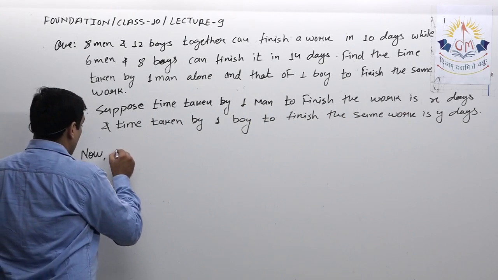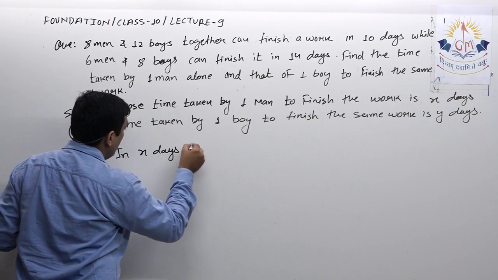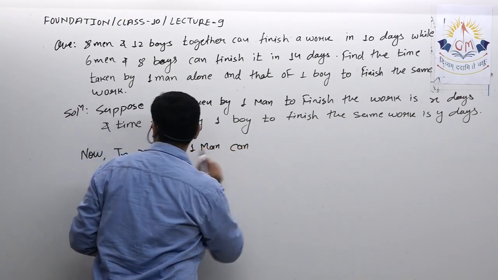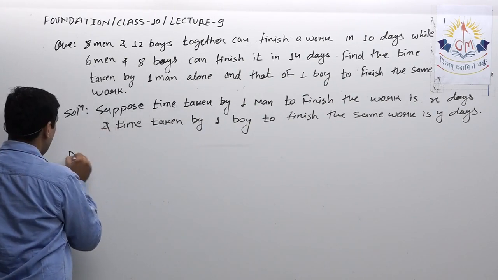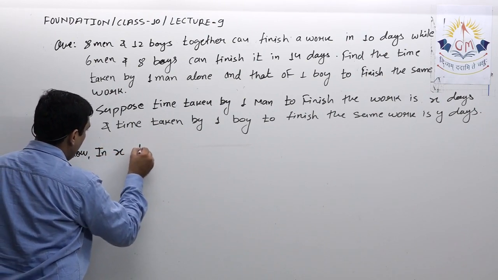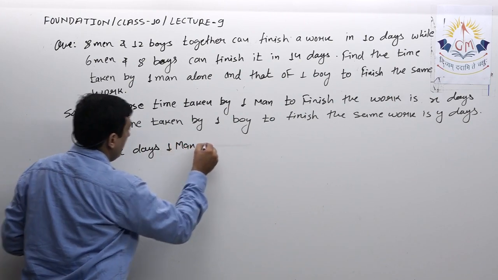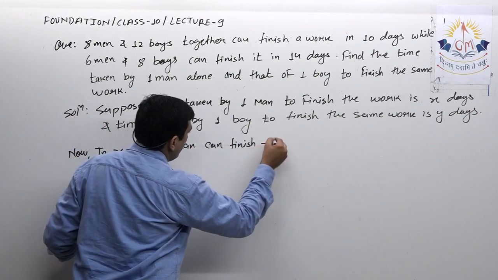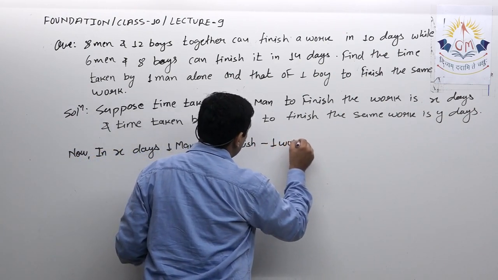Now in x days one man can finish how much work? One work. That is our assumption.